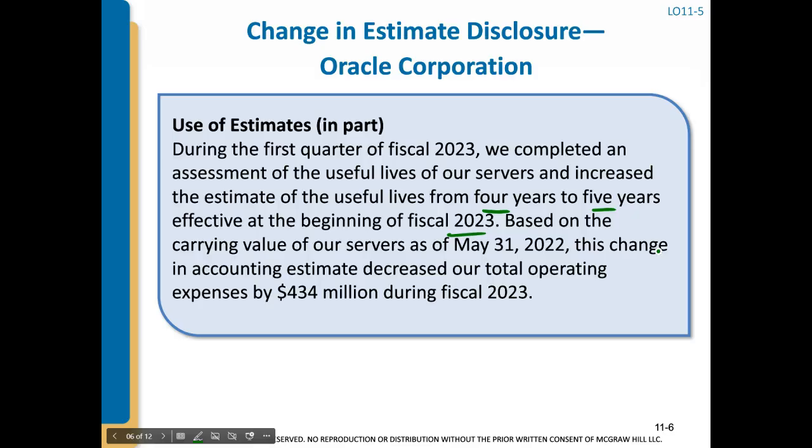Based on the carrying value, which is the same thing as book value, an interchangeable term, of our servers as of May 31, 2022, when the change was made, this change in accounting estimate decreased our total operating expenses by $434 million. So you can see the change in estimate can be very significant for a company.